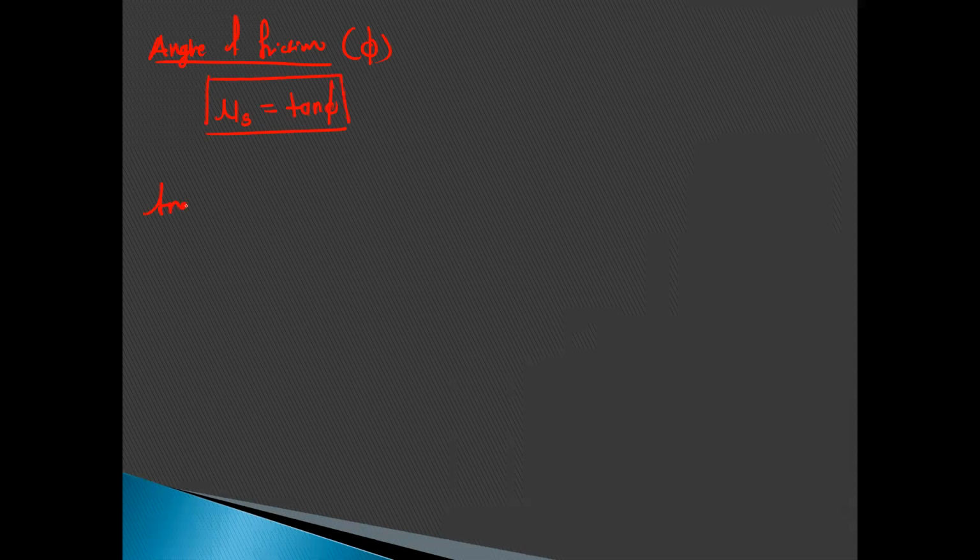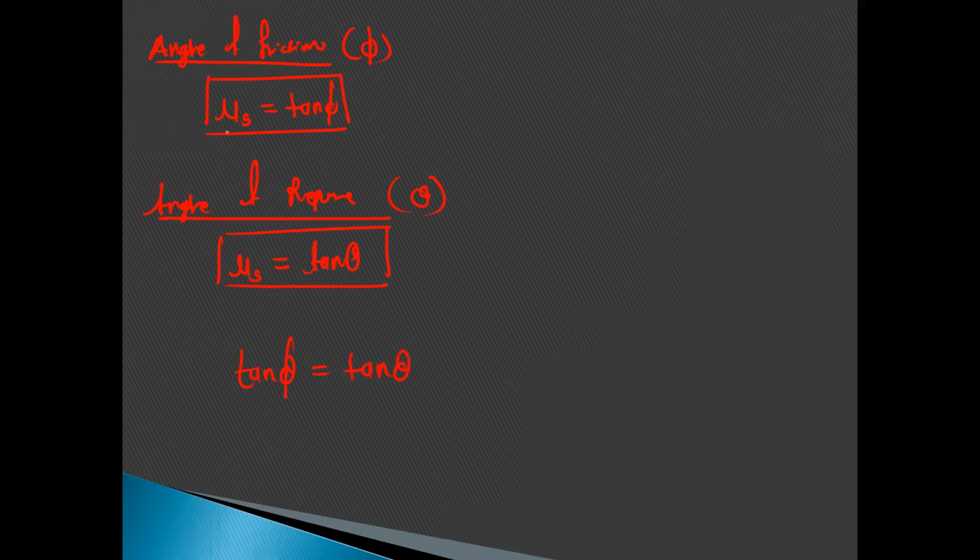And from the angle of repose, which is theta, we get the equation mu s is equal to tan theta. Therefore we can write tan phi is equal to tan theta.